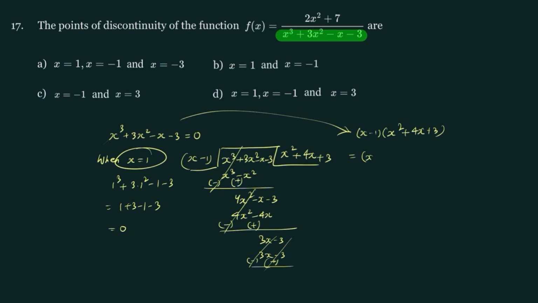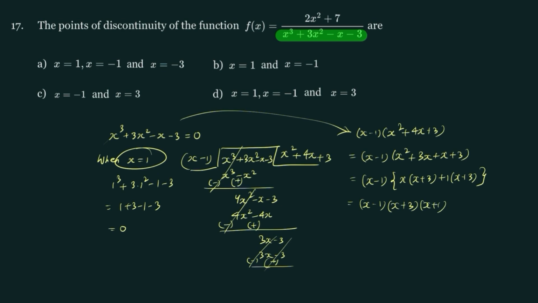Now we will solve this quadratic equation by splitting the middle term. Then it can be written as x square plus 3x plus x plus 3. Let us take out x common, then it will be x into x plus 3 plus 1 into x plus 3, which equals x minus 1, x plus 3 and x plus 1.